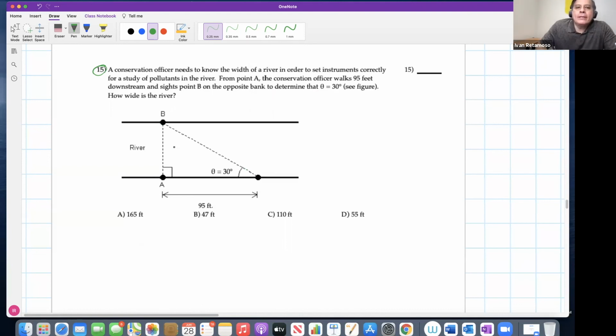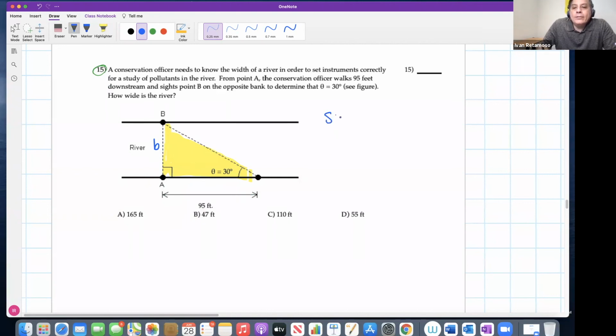So basically we focus our attention on this triangle. We have the angle here, 30 degrees. We need this length. We don't have it. Let's represent it by B. But we want a trigonometric function that will relate B with this 95 feet that we have.